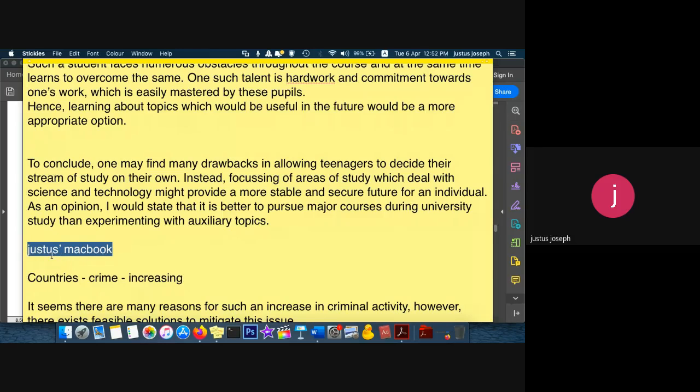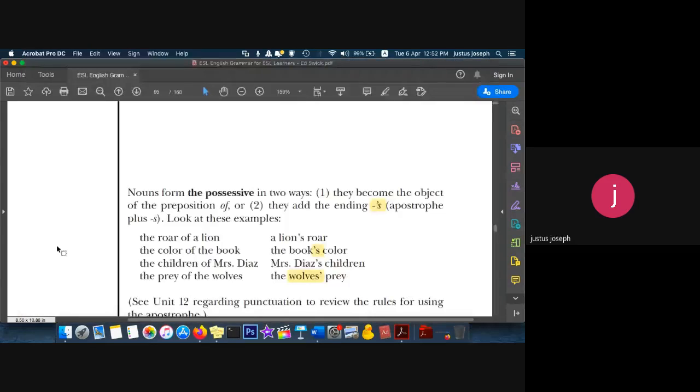If you want to say the MacBook belongs to Justice, you can simply say Justice's MacBook. Here you do not have to repeat another S. That will be wrong. That's the rule. I have talked about this earlier in the class, possibly in a previous class. So I hope all of you remember that.